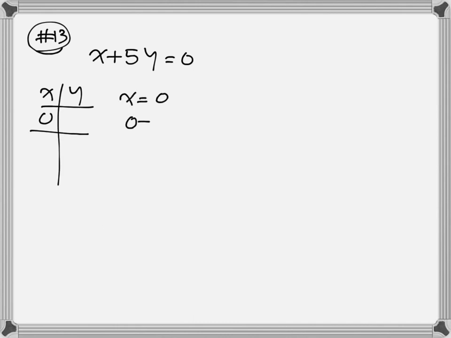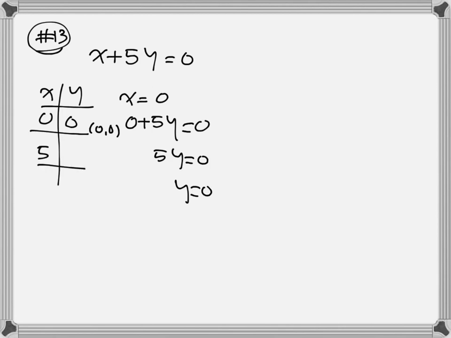Okay? Next, let's look at number 13. Number 13, we have x plus 5y is equal to 0. So here they ask you to graph. Okay, let's build a table with x equal to 0. So x equal to 0, we have 0 plus 5y is equal to 0. 5y is equal to 0, then y is equal to 0. So here we have 0, 0. That's my first point. Next, I'm going to use x equal to 5.